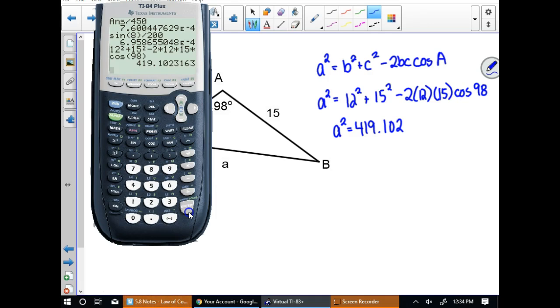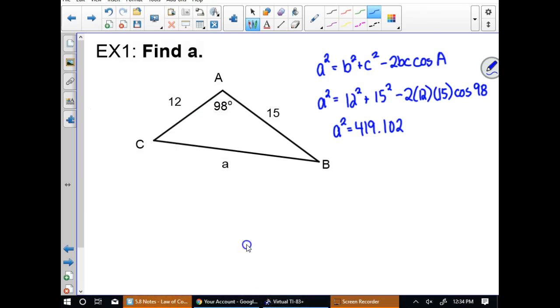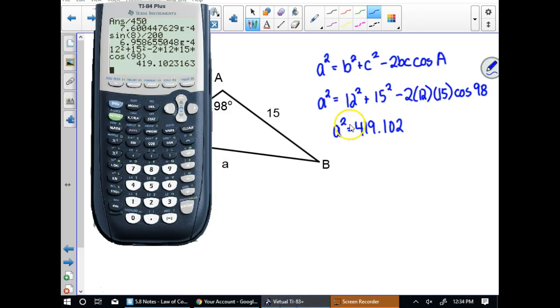And the biggest mistake I see kids make on law of cosine problems like this is they leave that as their answer. Would that make any sense? 12, 15, and 419.102. That'd be way too big, right? So always ask yourself once you get your answer if it seems reasonable, because that would not, and it'll help you remember that what have you got to do to get the A here?